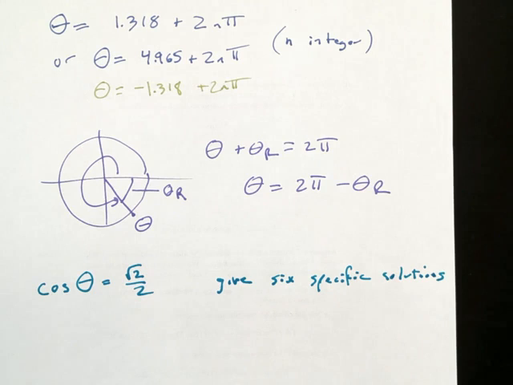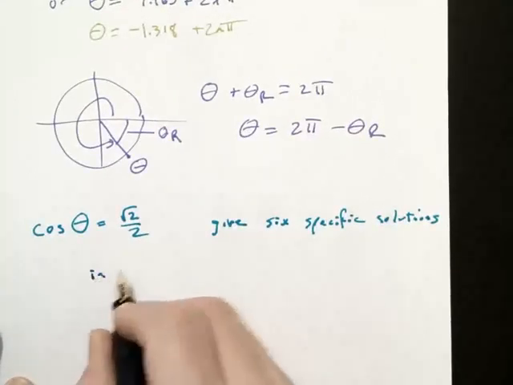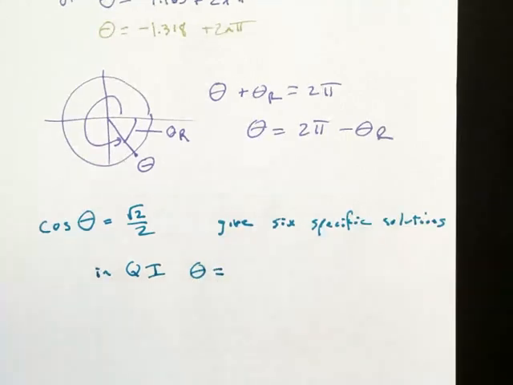Cosine theta, period, is 2 pi. So I need to find the solutions in that first period. Root 2 over 2, cosine is positive in the first quadrant.